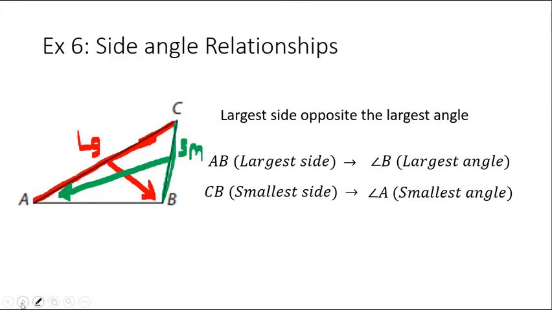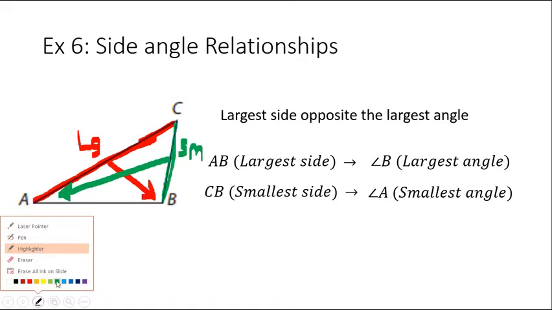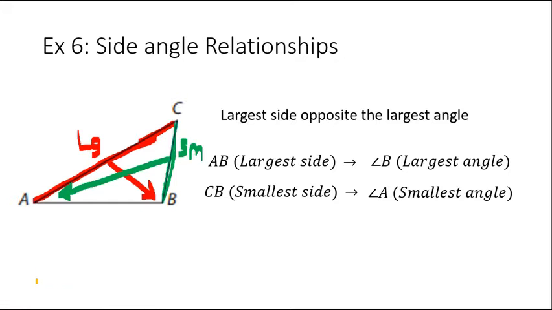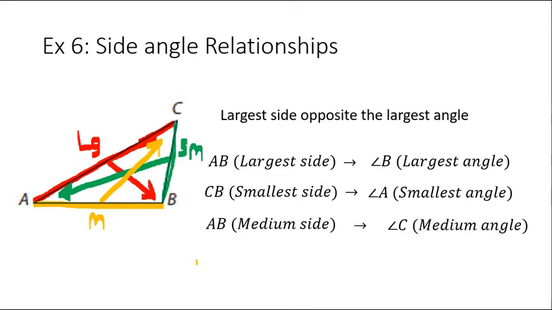Okay, that gives us one remaining side. So here we say AB is the medium side. I'm just going to abbreviate that with M. So the angle that's across from it, C, we say that's the medium angle.